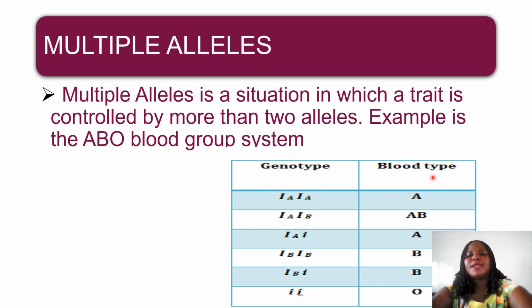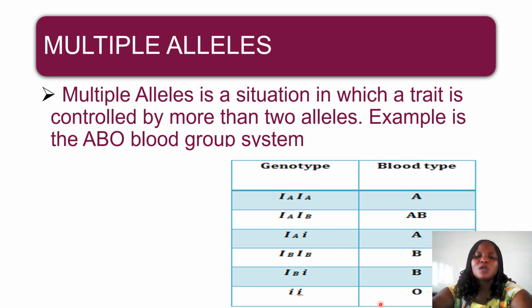Now, when we take blood type A, someone with blood type A is either having 2 A alleles, that is AA, or is having 1 A allele with 1 O allele. So we can refer to them as someone who is having blood type A. Then someone with blood type AB is having the A allele and then the B allele. Both alleles are present.